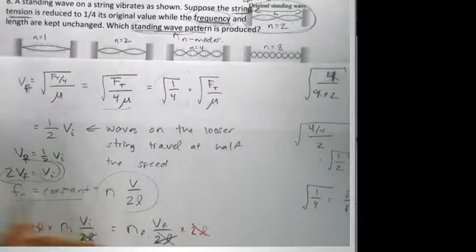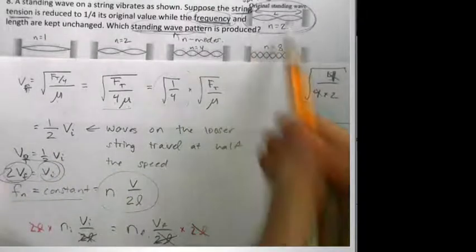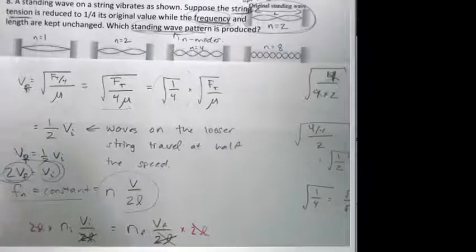So V initial is 2V final. So instead of writing V initial here, I'm going to write 2V final. n initial was 2. And now I want n final, and that's what V final is. So n initial became 2, n final we just transferred over, and V final we just transferred over.